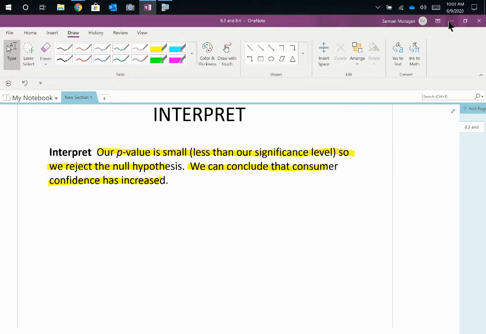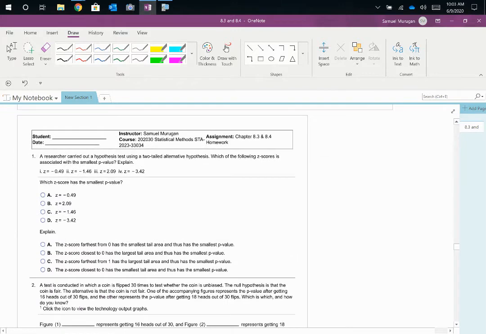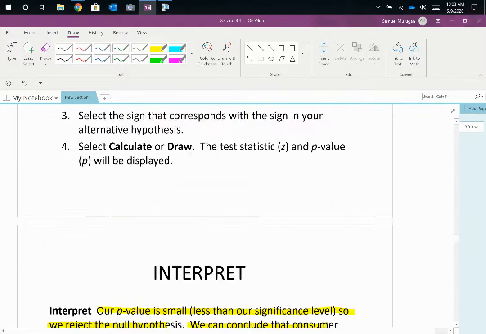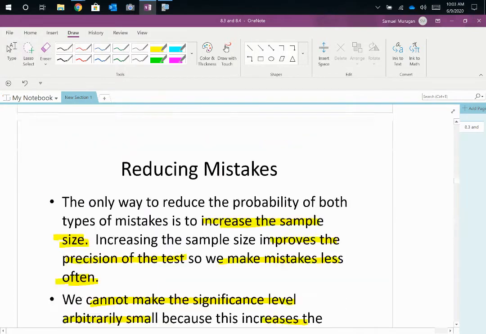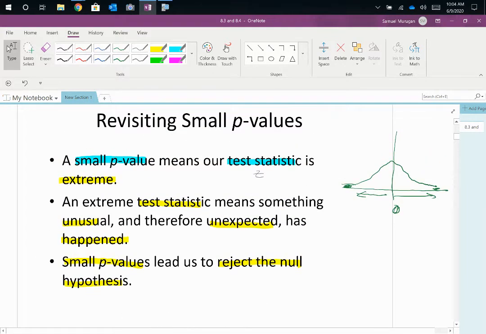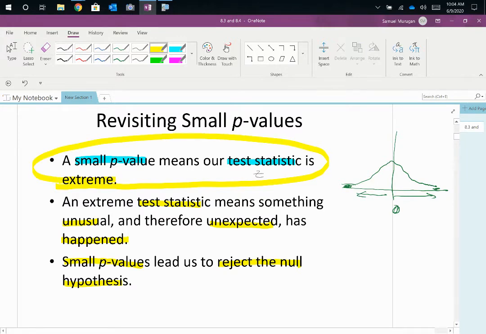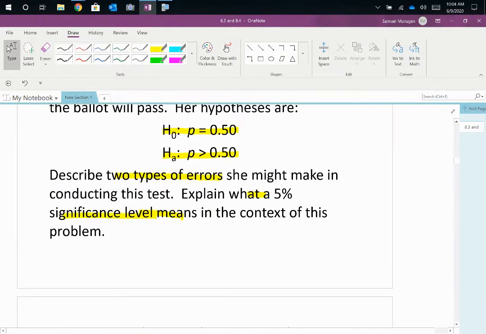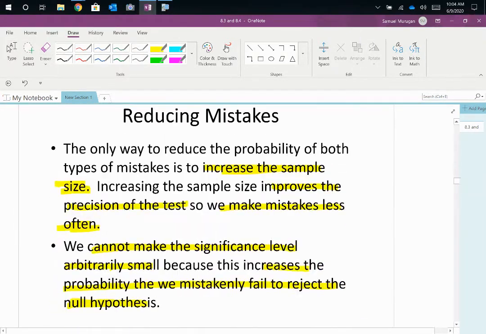They're a little scary, a little different. A researcher carried out a hypothesis test using a two-tailed alternative test. Which of the following z-scores is associated with the smallest p-value? So if we go back to our notes and recall what we were told in the notes here, a small p-value means your test statistic is extreme. So let's go back to this problem.